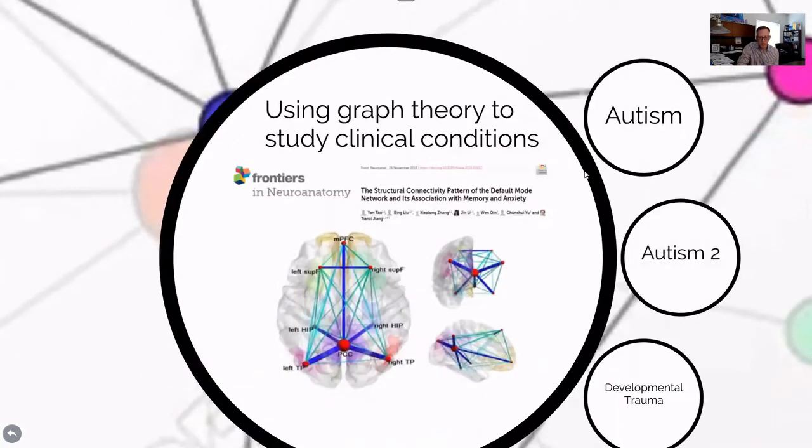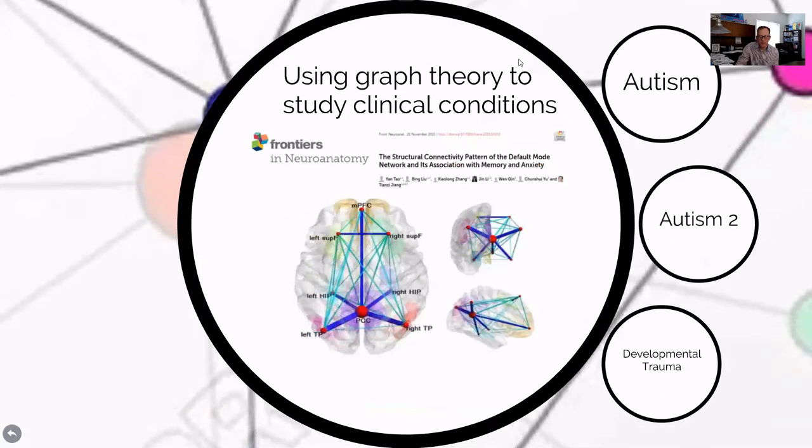From there, we take this information and we can study different pathologies related to this. So this is an example of studying default mode network activity in individuals with memory and anxiety problems. And what you can see typified here is this Rich Club network, or the default mode network, which goes from bilateral parietal to bilateral frontal regions of the brain.